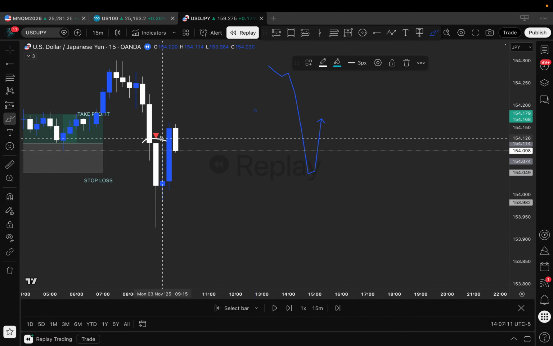Any other confluence that you add to it makes it a winner, given you follow your rules, which is only trading trending markets for now. Okay.